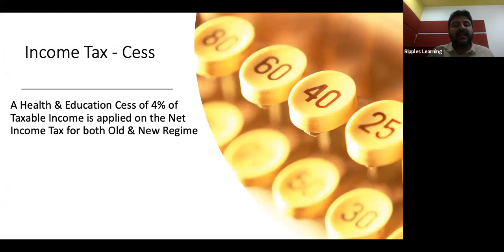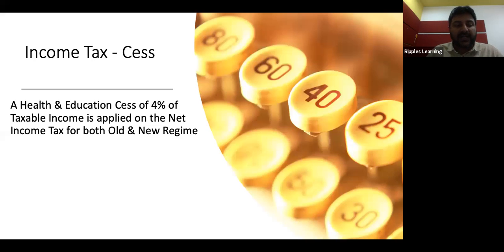Also note, this is universal, right? A health and education cess of 4% of the taxable income is applicable in both old and new regime. So let's say for 12 lakhs, we calculated 1,72,500, isn't it?